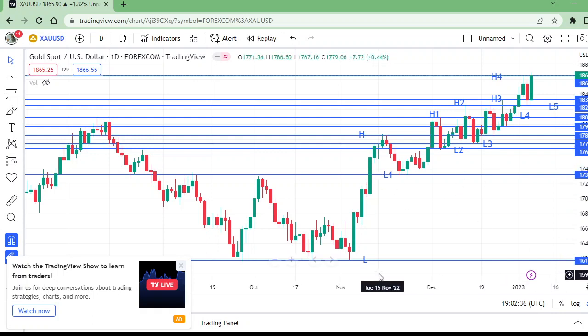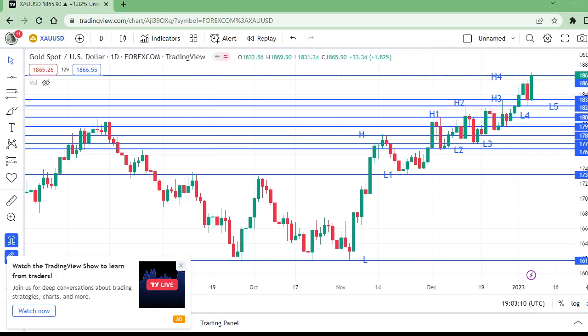What were the prices? Here it was 1616, higher low 1 was 1732, and high was 1780. If we make it a bit, it was about 1786, but here it is showing like 1784. Now after this high, this low L1, H1 was 1810.